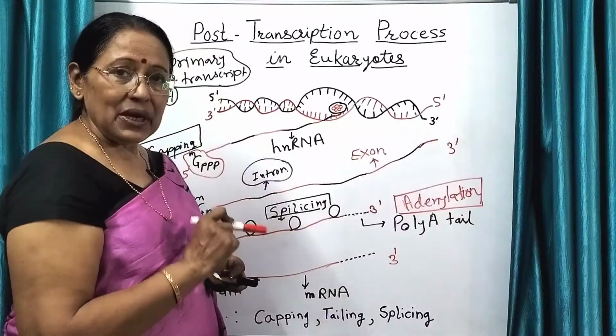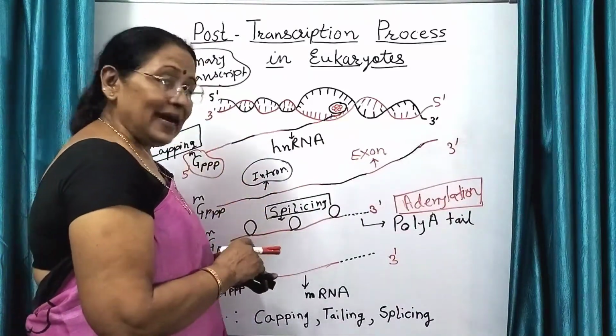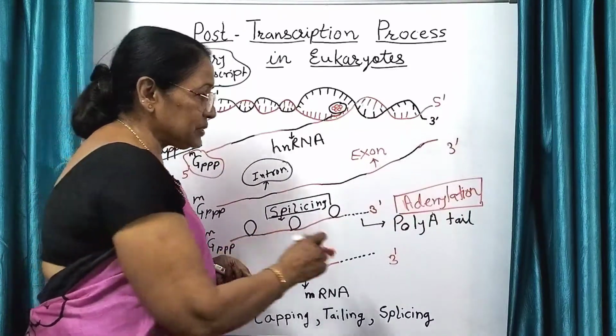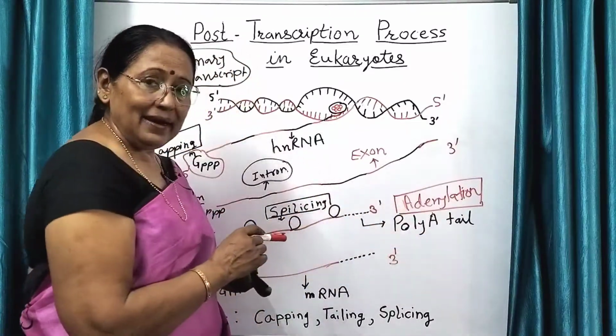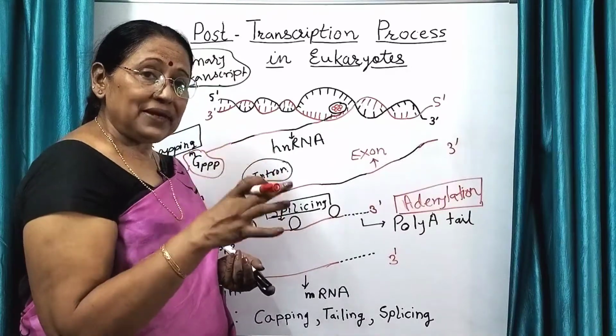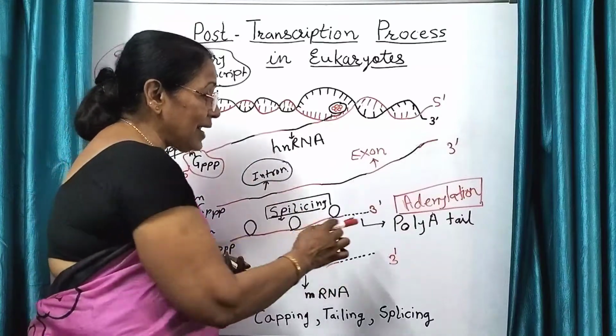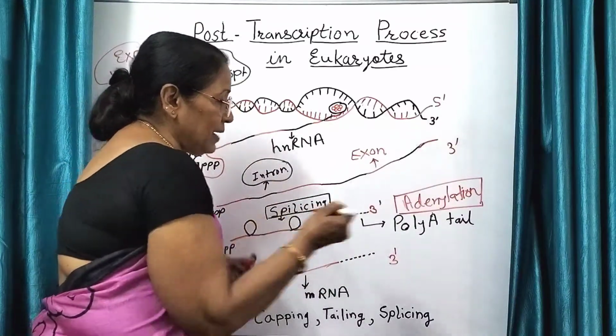What happens in adenylation? In adenylation, which is called poly A tail, about 200 to 300 adenine residues are added to the 3' end.